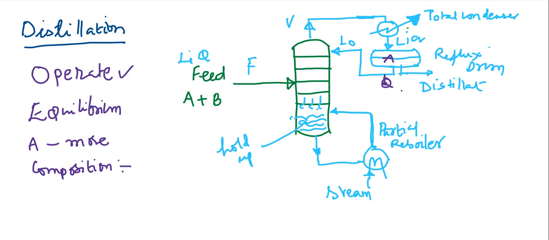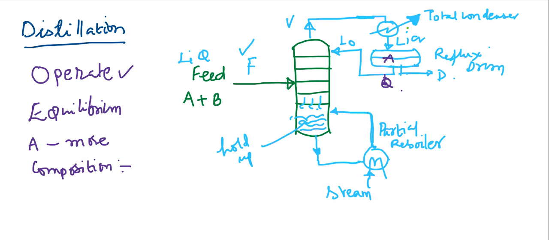But once you are drawing the distillate, that means from the system some liquid is being sent out. So you start giving feed again. So F is equal to D, D is given here.